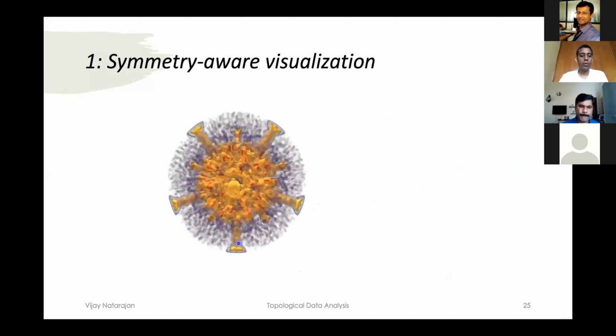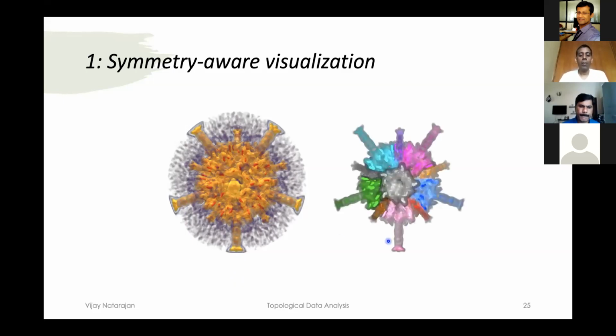Here we see the zoomed in version of the human adenovirus. You can see that the original visualization is good for the human eye. We see with our eye that there are these tentacle-like regions which seem to be copies of each other, but it's very difficult to identify that they are all actual symmetric copies.